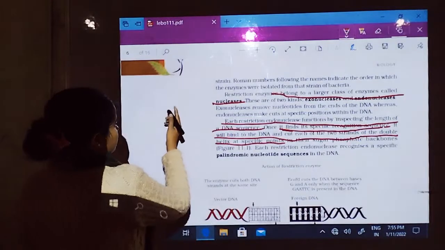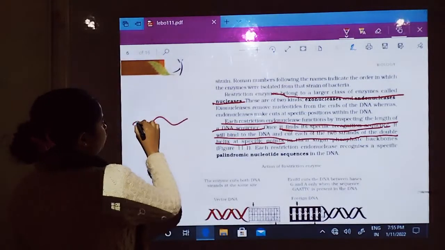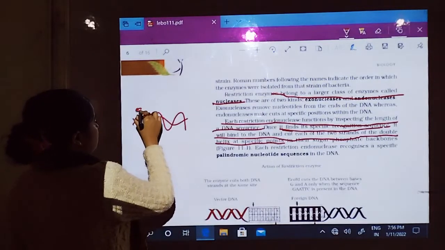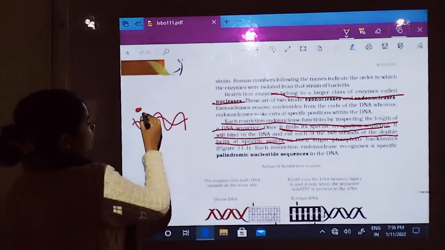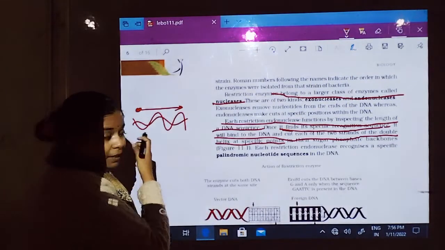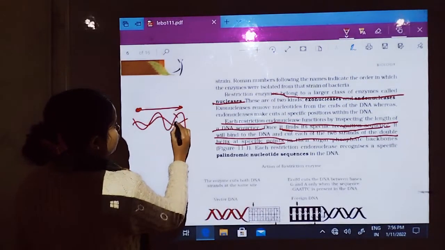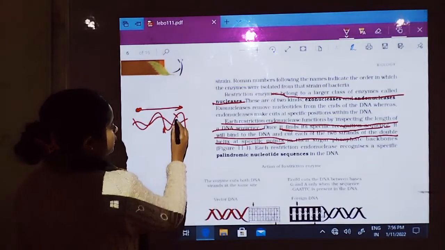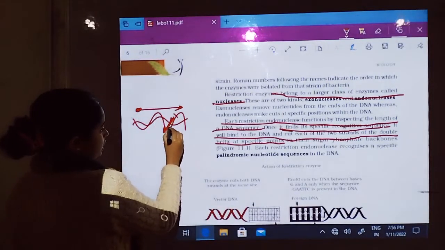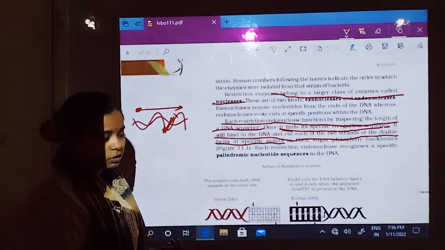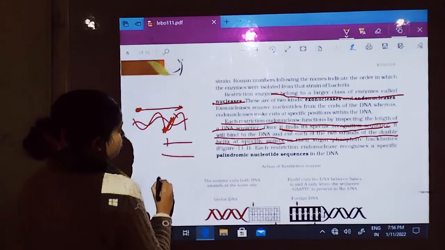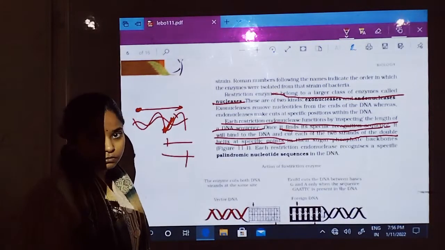First, the restriction endonuclease moves along the double helical structure of DNA. When it finds the recognition sequence in the DNA, because of the double helical structure, it cuts both strands at a specific region.